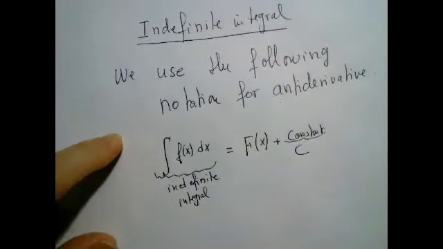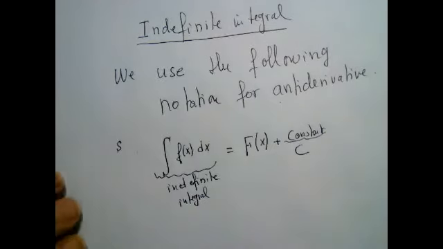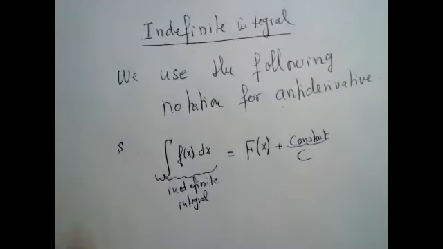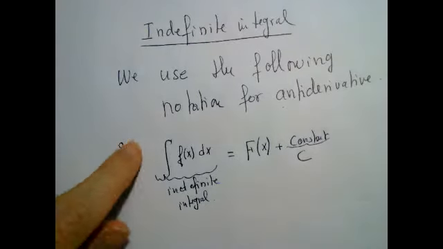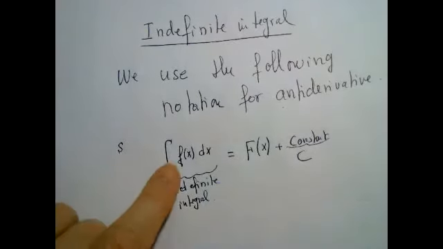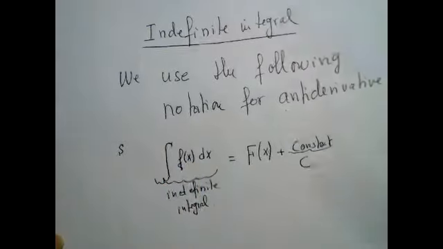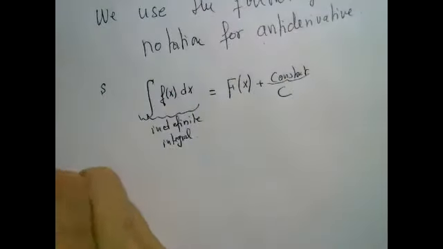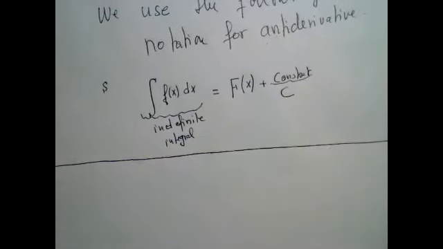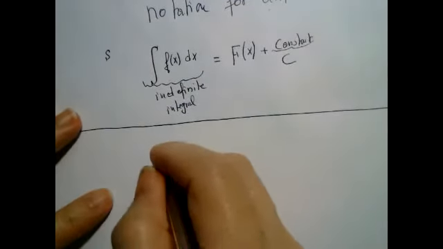That's nothing more than a notation, nothing really deeper than that, representing the antiderivative. So instead of saying the antiderivative of blah, blah, blah is this, I say the indefinite integral of f of x dx is that.